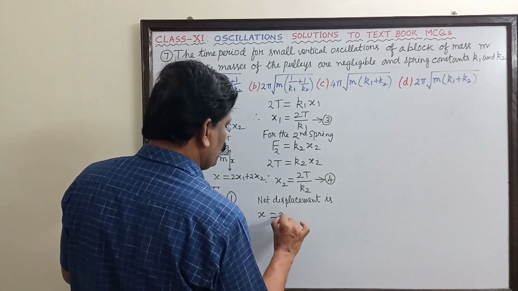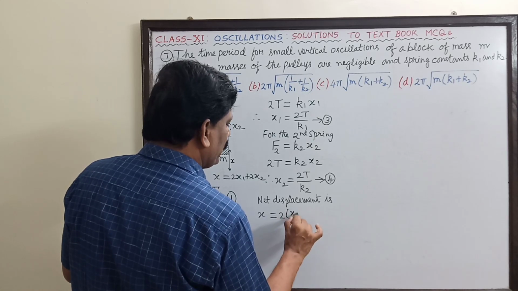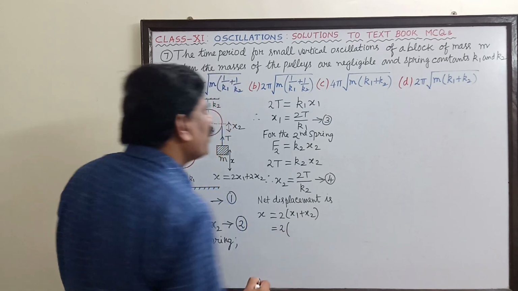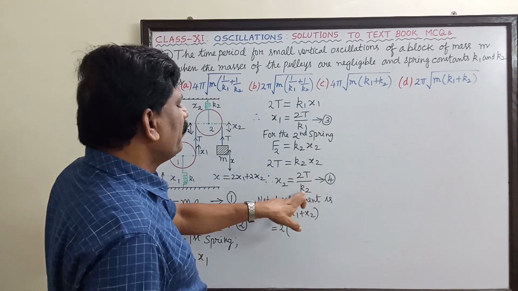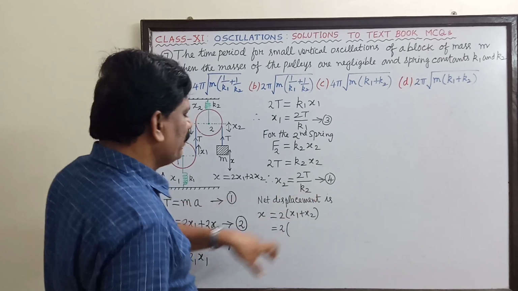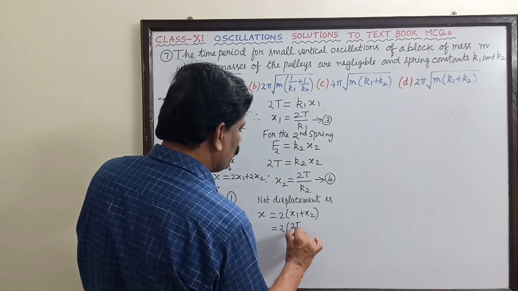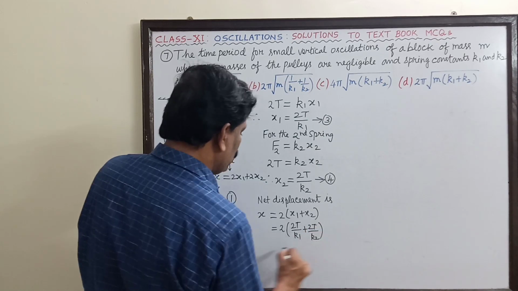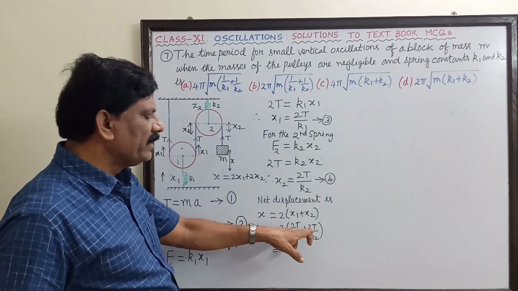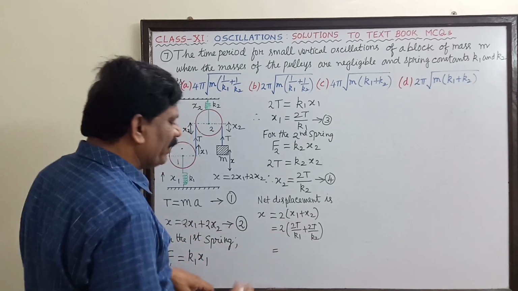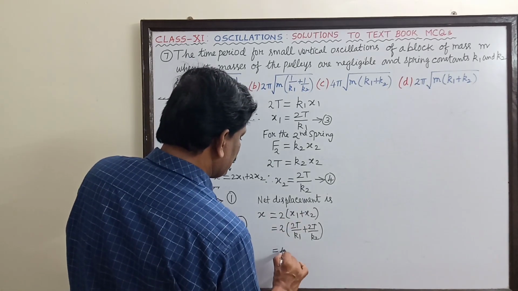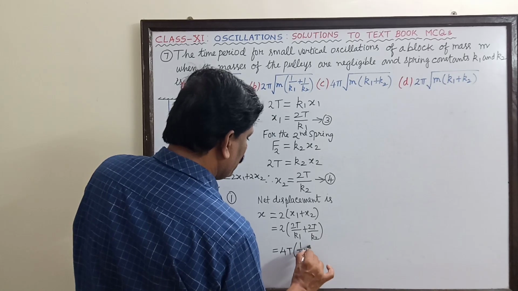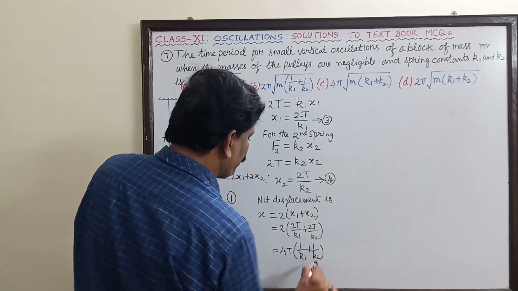So this is 2 into x1 plus x2. So this is equal to 2 into 2T by K1 plus 2T by K2. So when I take this 2T factor outside, 2 into 2T will become 4T. So this is 4T into 1 by K1 plus 1 by K2.